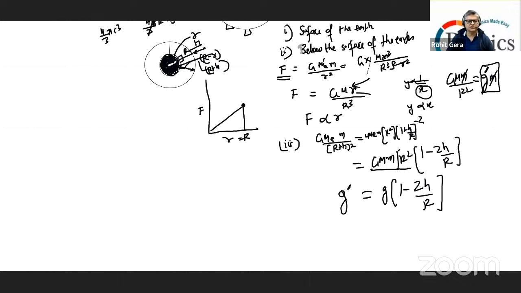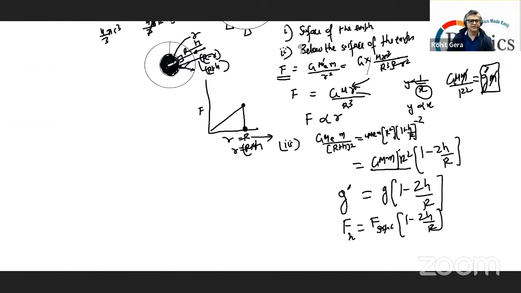And so इसका जो ग्राफ है basically it is equal to F at a height h is given by the F at the surface times 1 minus 2h by R. So we have to now so we are going to increase r beyond R, we are going to increase it by h. So अब ये r is R plus h on the right hand side of this point at a height क्या होता है?